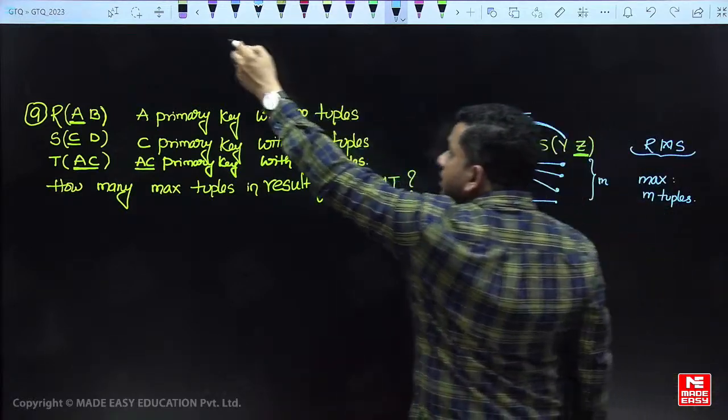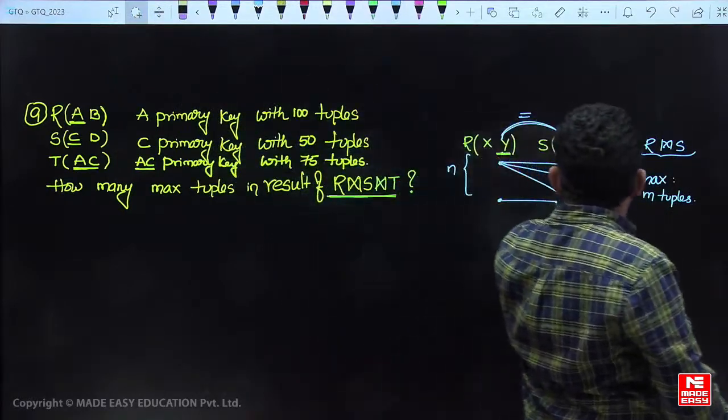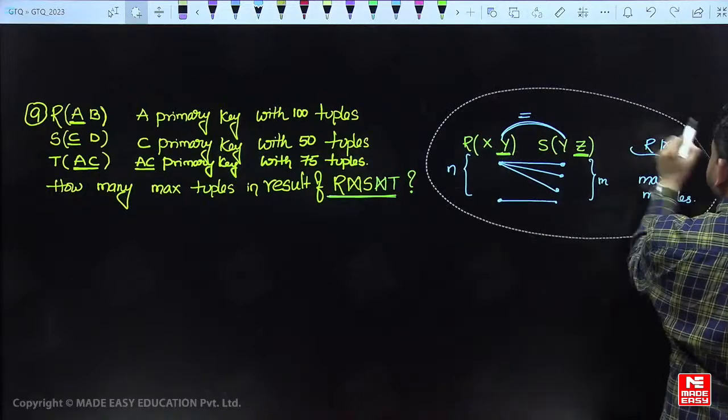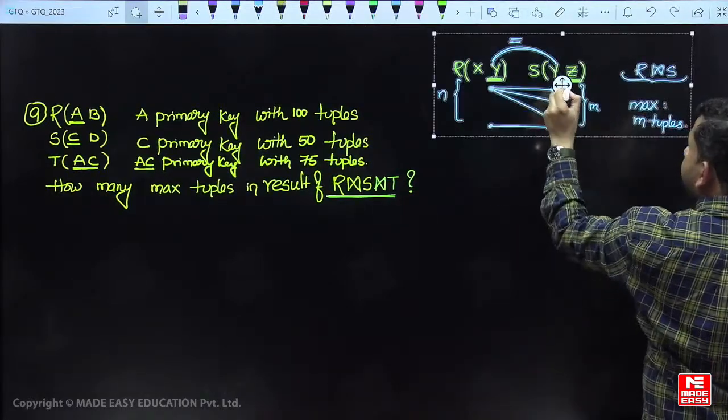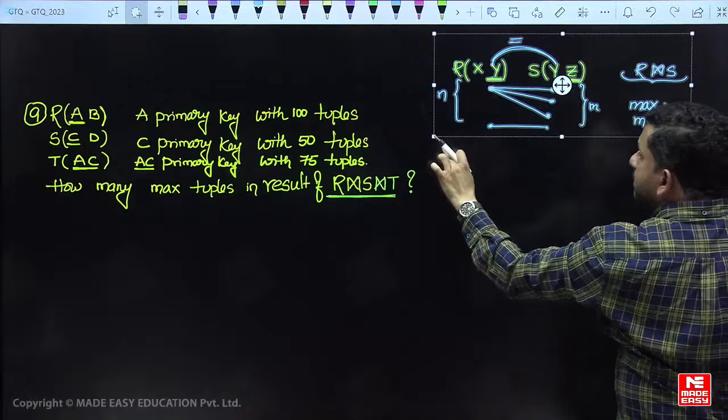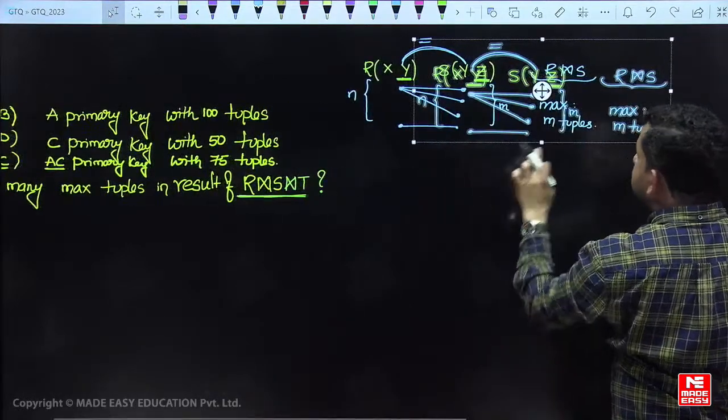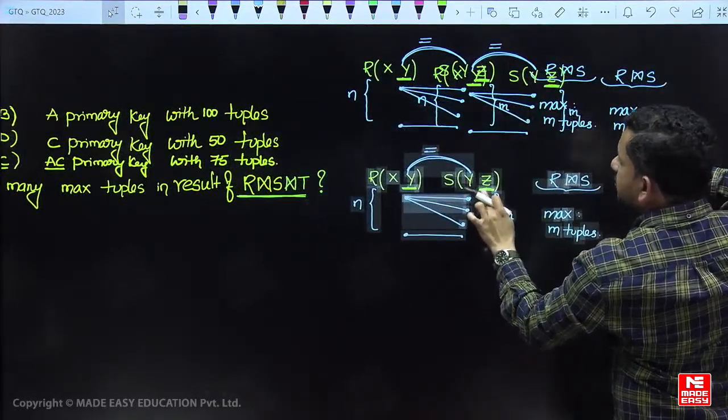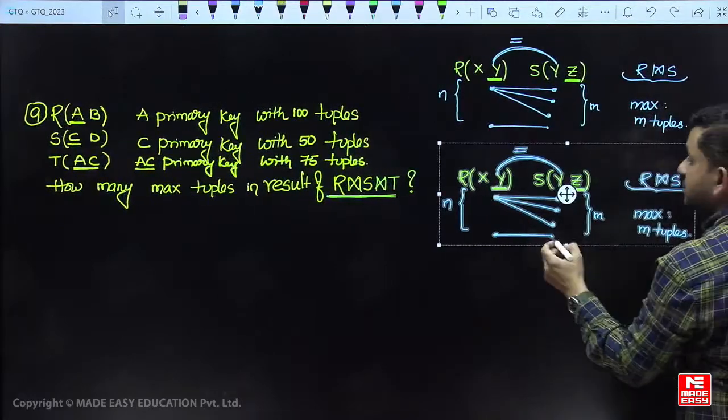And if the common attribute is a key for both the tables, just quickly revising, so that you will apply these questions easily.